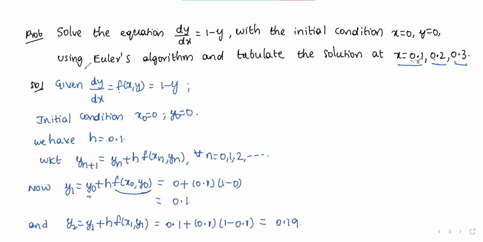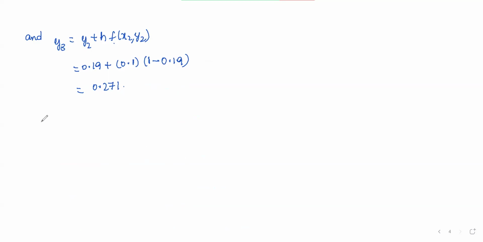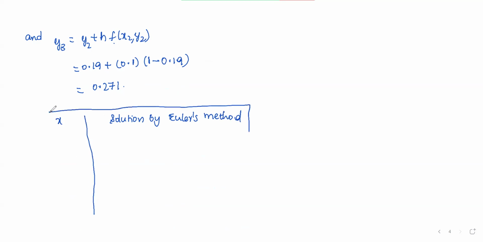Using Euler's algorithm, tabulate the solution for these three values. Now we write the tabulation: x and the solution by Euler's method. So this is the tabulation.